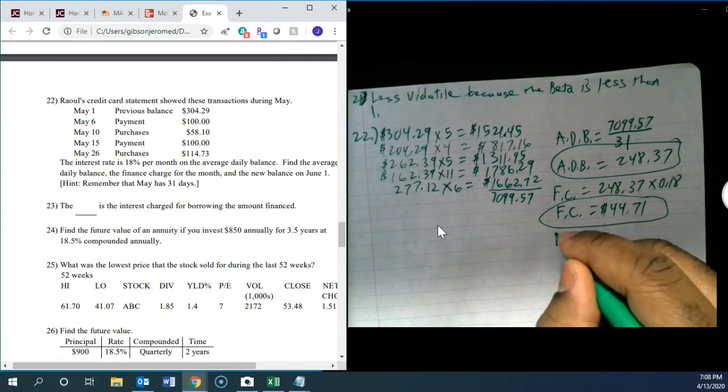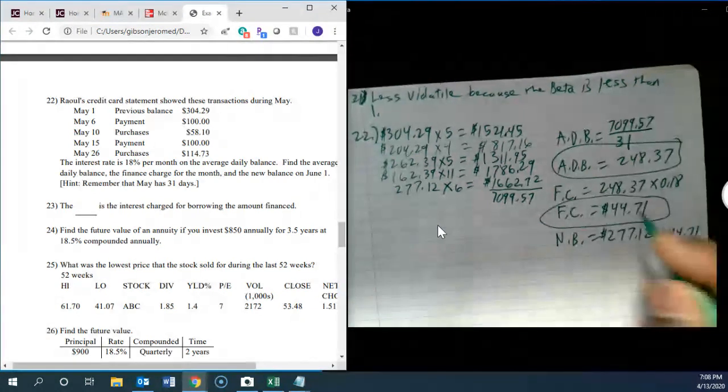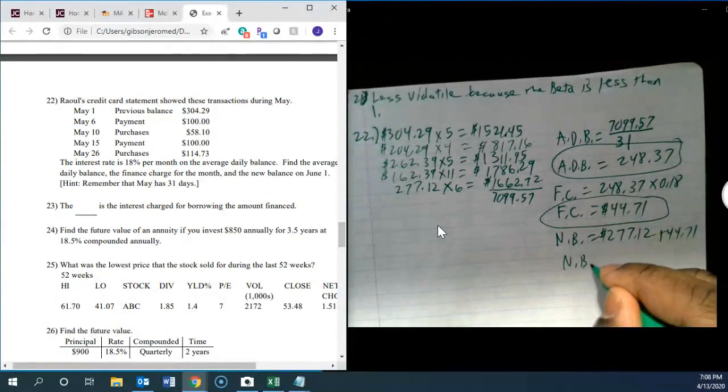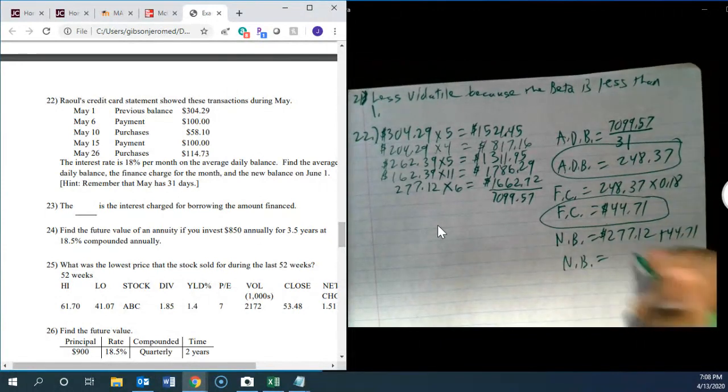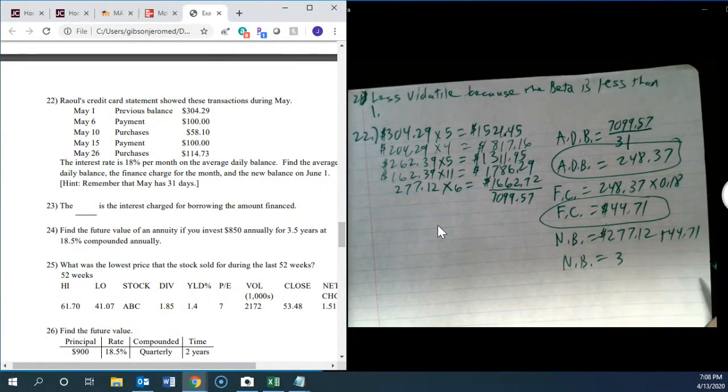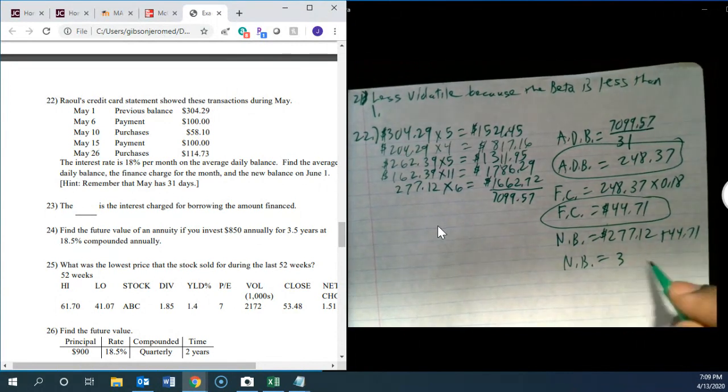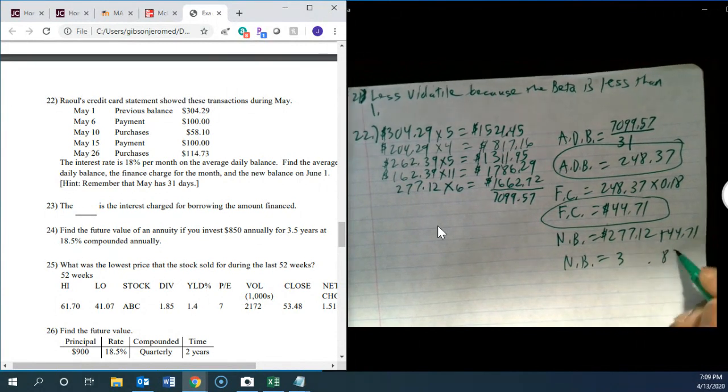We would take this last value of $277.12, and we would add the $44.71. So our new balance would equal to 300. Wait a minute, let me see. That'll be what, 83 cents, one, carry a one. So it'd be $321.83. That would be your new balance.